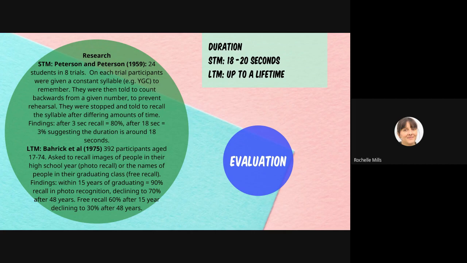In the free recall condition, it was 60% after 15 years, and it declined to 30% after 48 years. So people that graduated 48 years ago could still remember around 30% of individuals that were in their graduating class. So there's pretty good numbers, and that's why they suggest it lasts up to a lifetime.